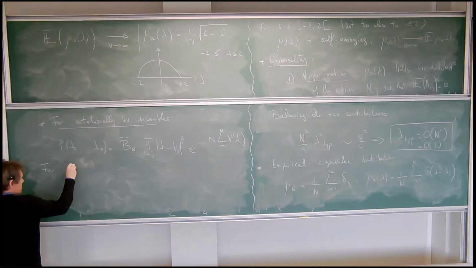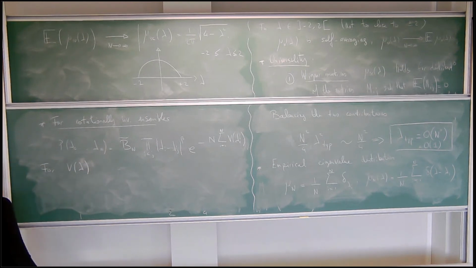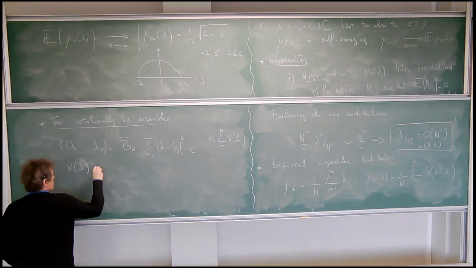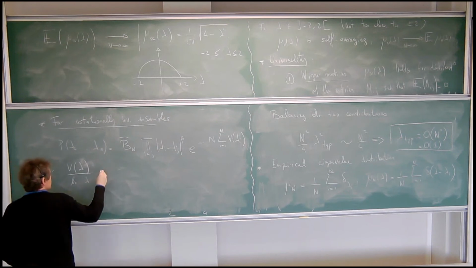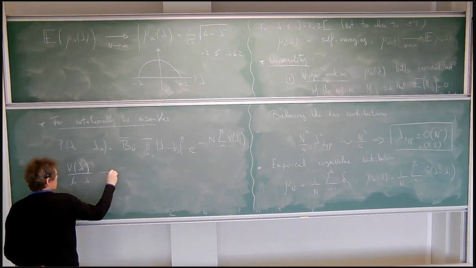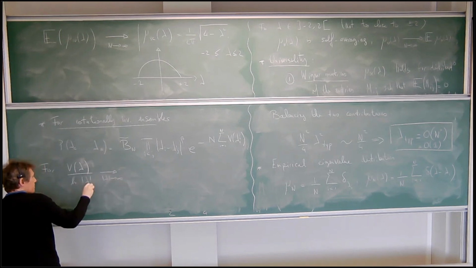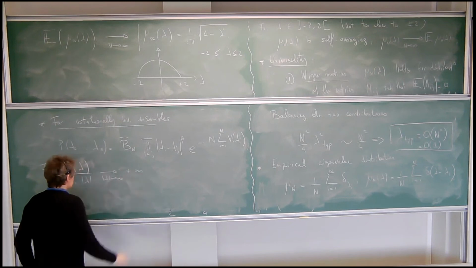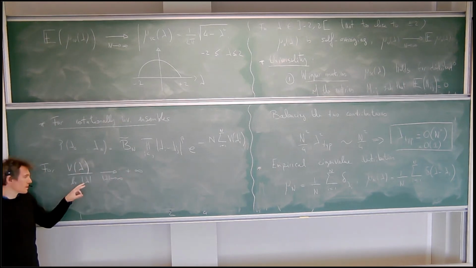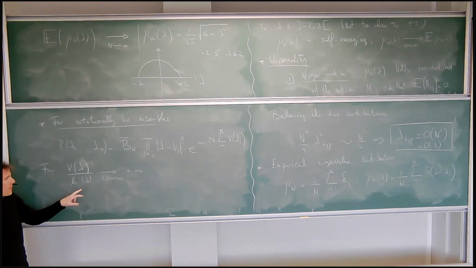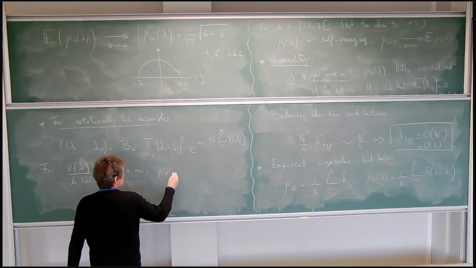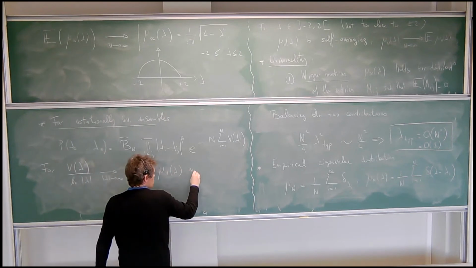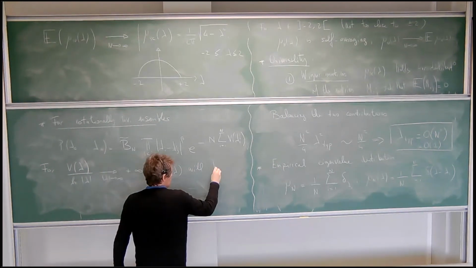But what you can show is the following statement. If V of lambda grows at infinity faster than log of lambda, so if it's more confining than a log, then what you can show is that the empirical density, mu n of lambda, will converge to a nice distribution, and it will have a finite support.